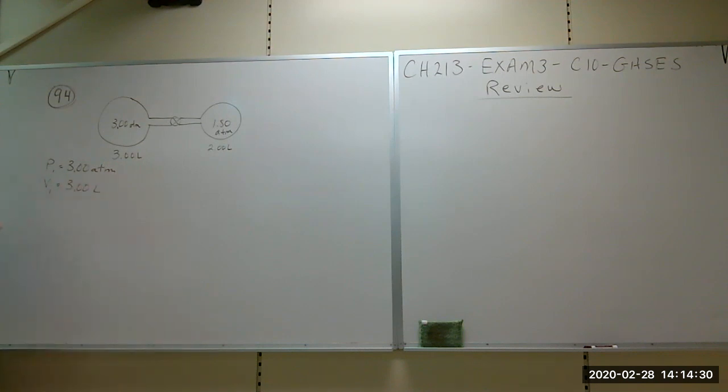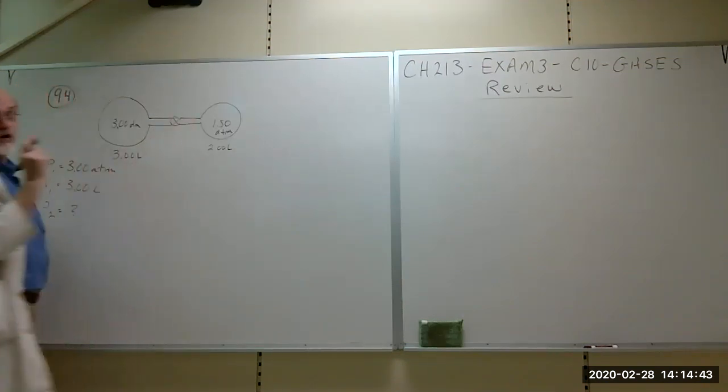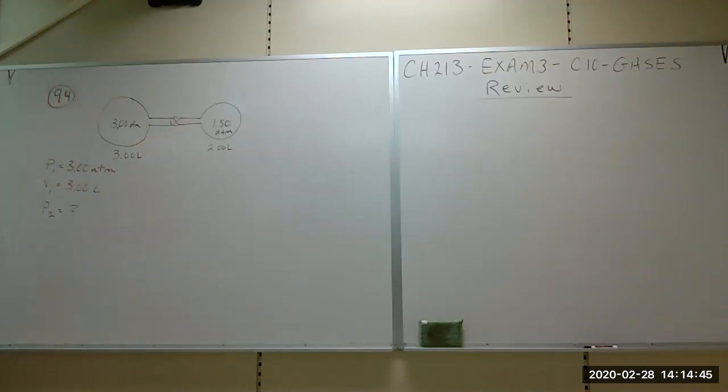The final pressure we don't know. But we do know the final volume. If we consider this a vacuum first, just ignore the other gas for now. So the final volume is the sum of the two, right? 5 liters. Okay, now we have a Boyle's law. PV equals PV.